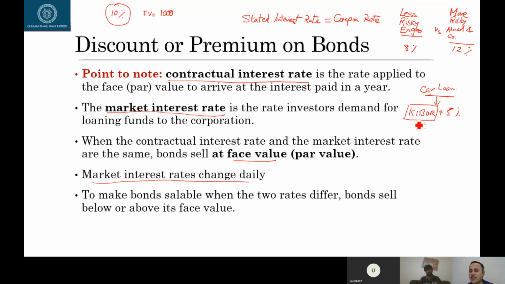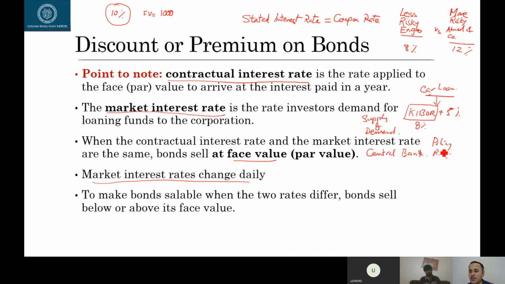And why does the interest rate change daily? The reason is it really depends on supply and demand. Number two, the risk of a particular company also changes on a daily basis. Third, the central bank, like the State Bank, may also change rates. They call it the policy rate.